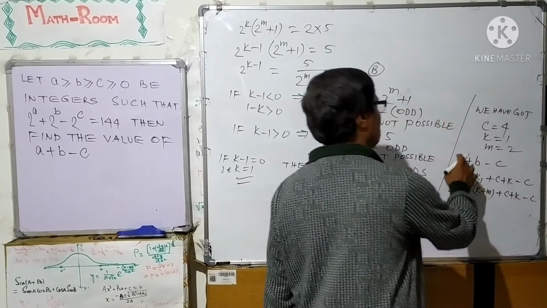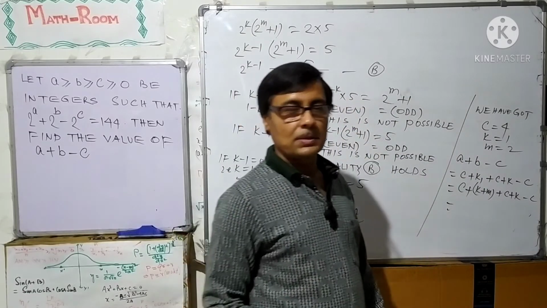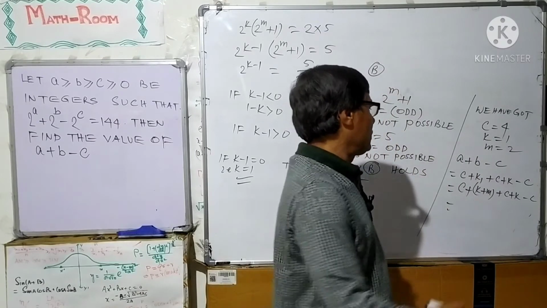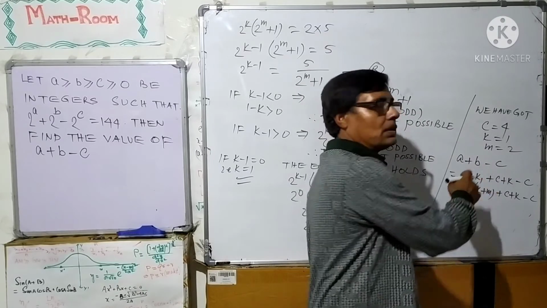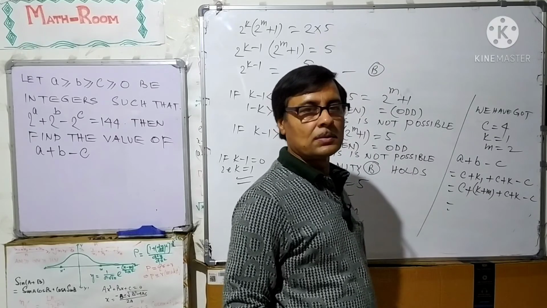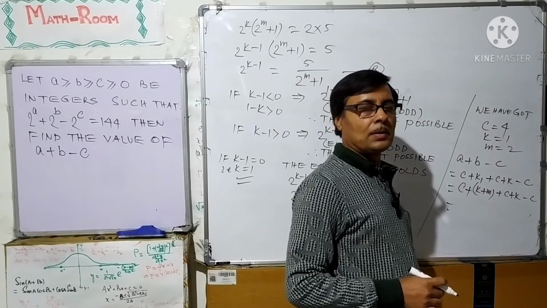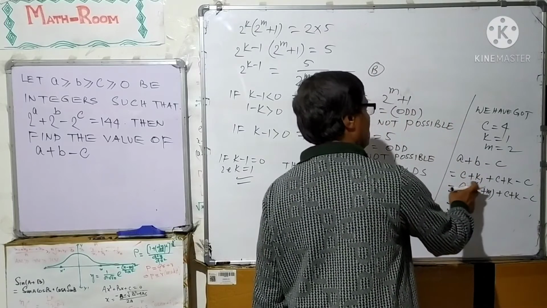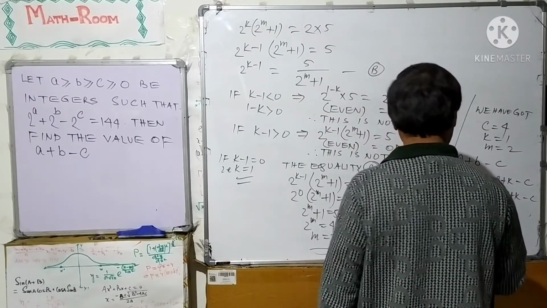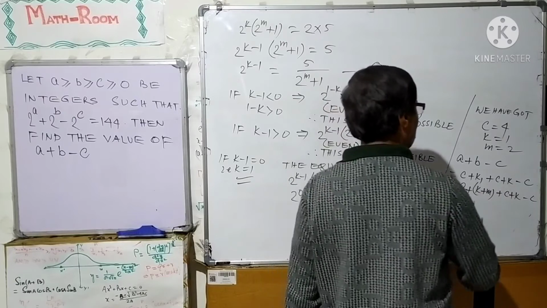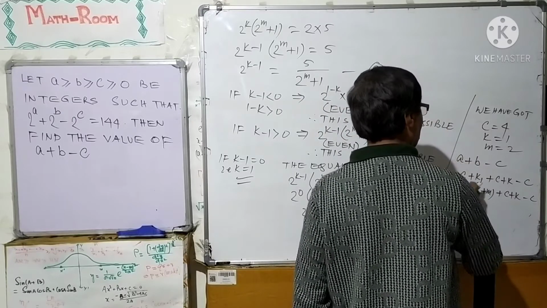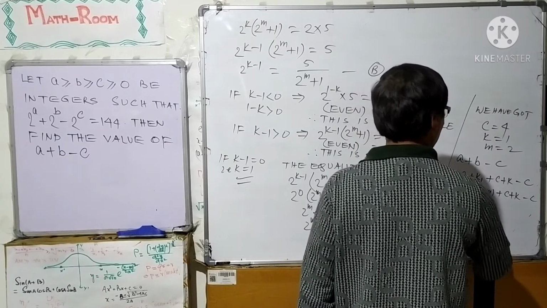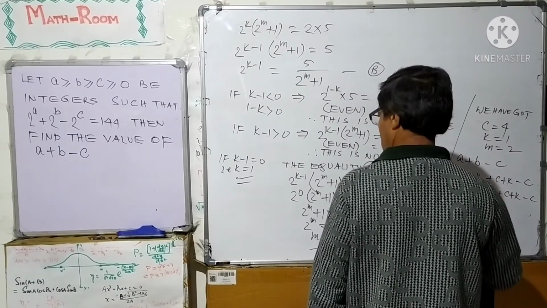We have previously chosen a equal to c plus k1, b equal to c plus k, and also k1 equal to k plus m, because k1 is greater than or equal to k. So, a plus b minus c equals c plus k plus m plus c plus k minus c. Now we can put the values of c, m and k here.